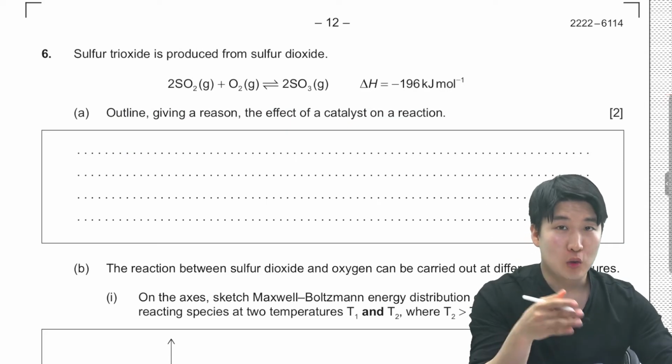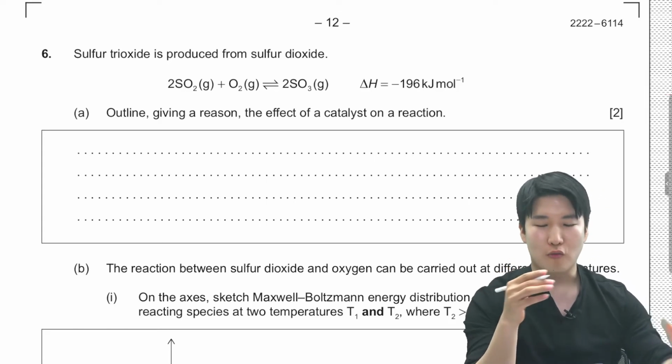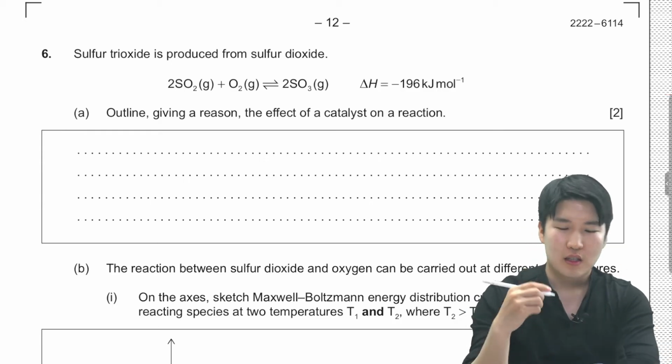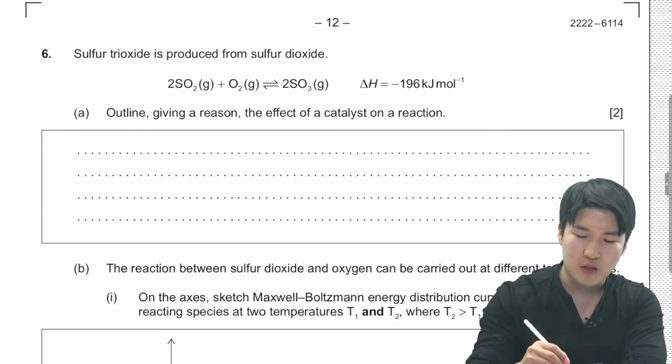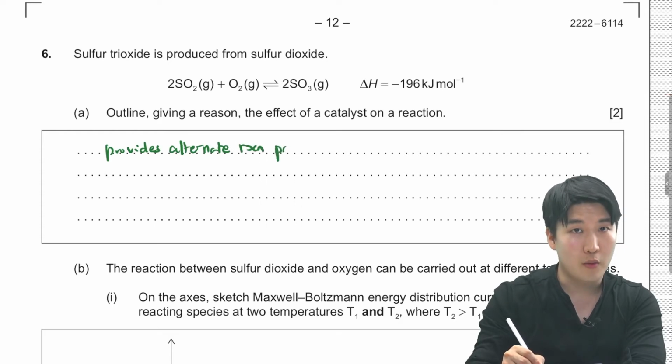Catalysts provide an alternate reaction pathway with a lower activation energy, and in doing so, the rate of reaction is increased. That's how we're going to answer the question. Provides alternate reaction pathway.